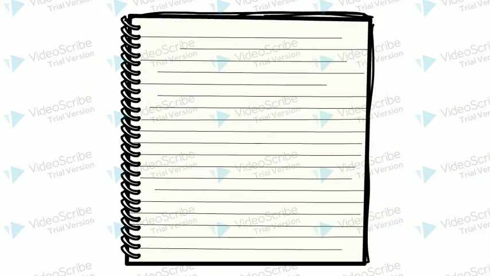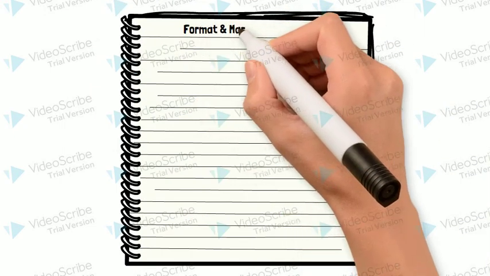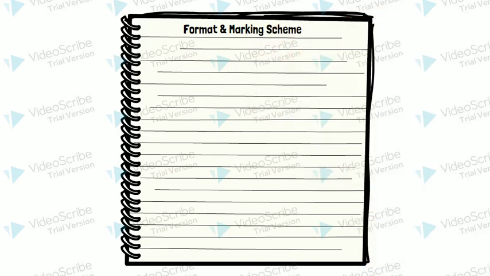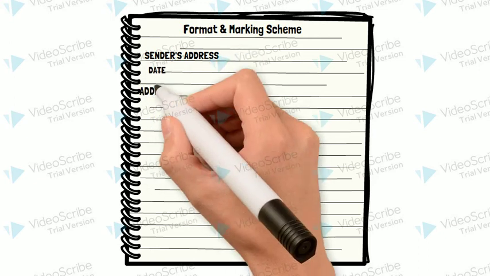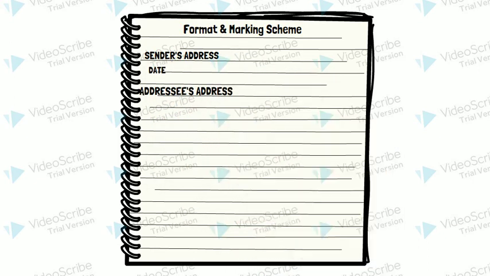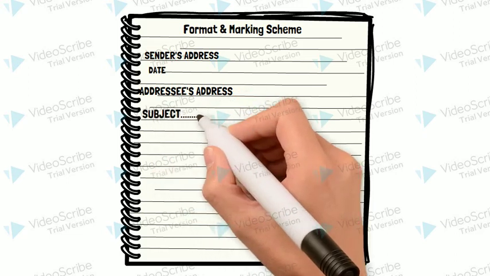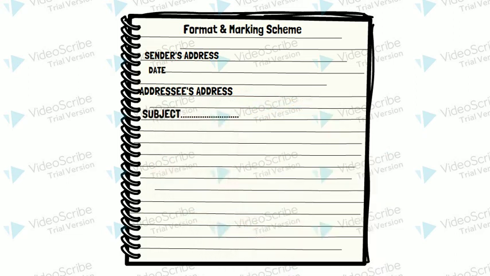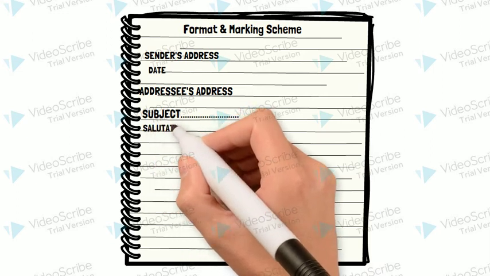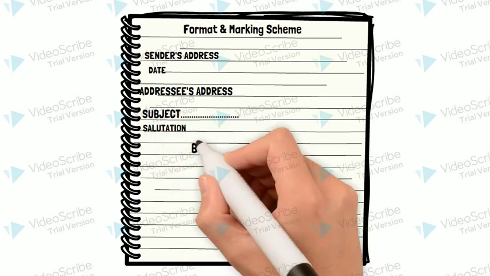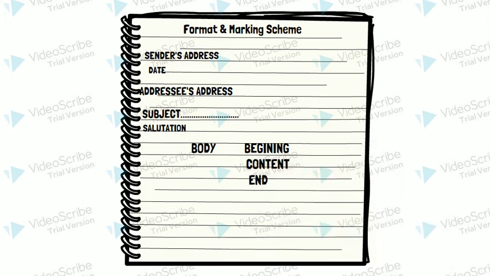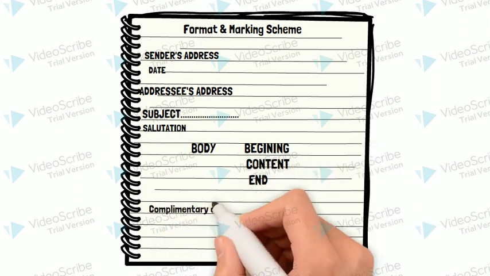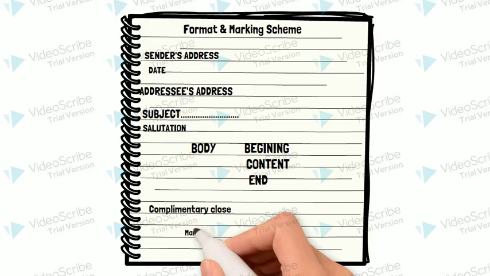Coming to the format and the marking scheme of the purchase order, we need to begin with the sender's address, the date, addressee's address, subject, salutation, content will be divided in 3 paragraphs, and the complimentary close.